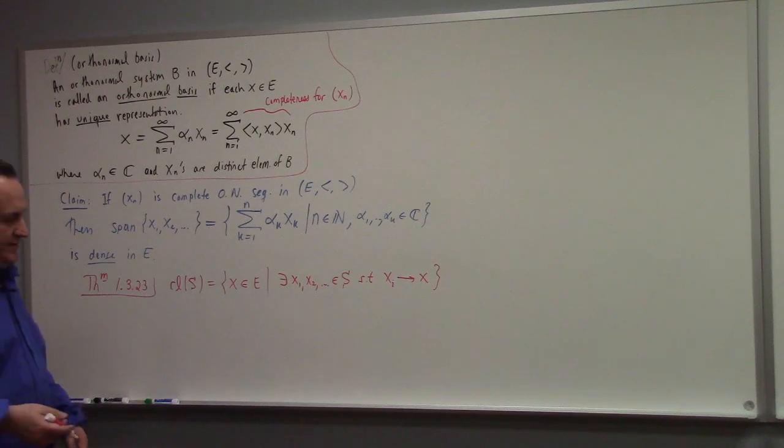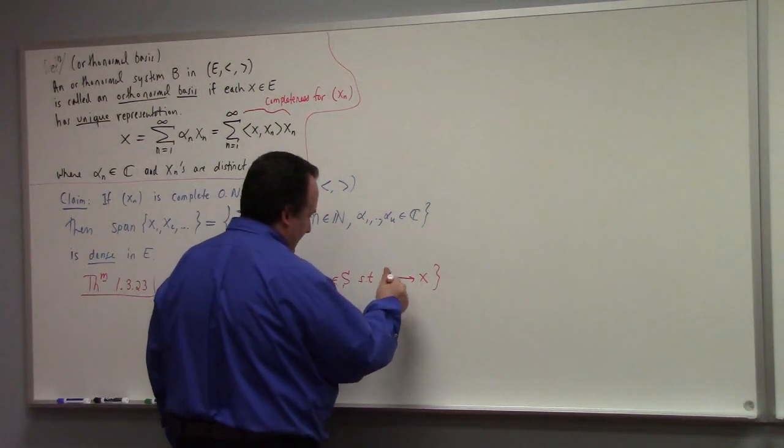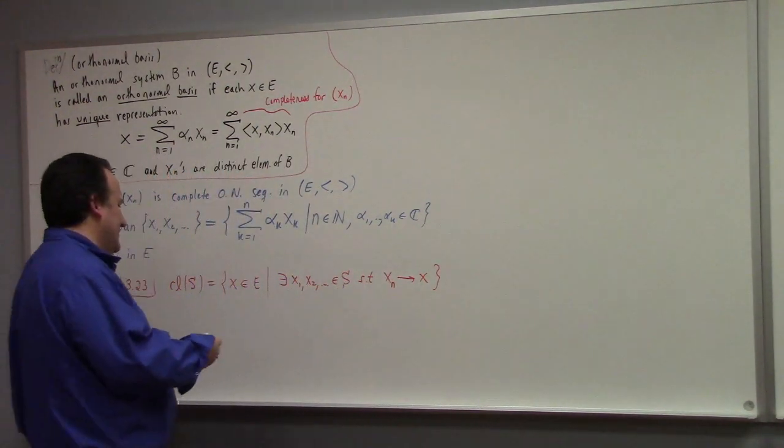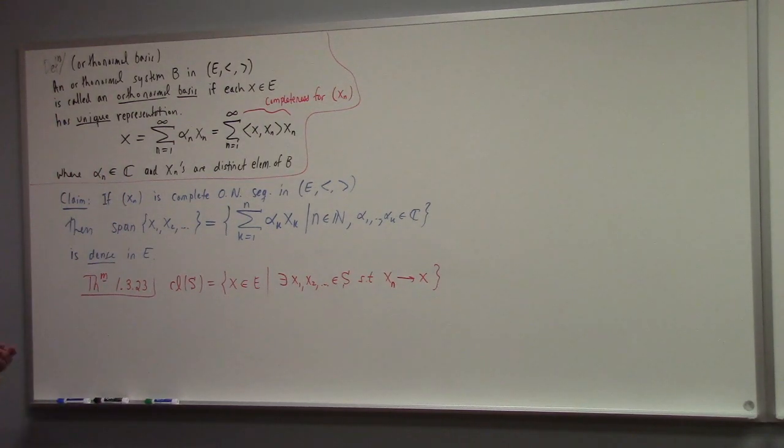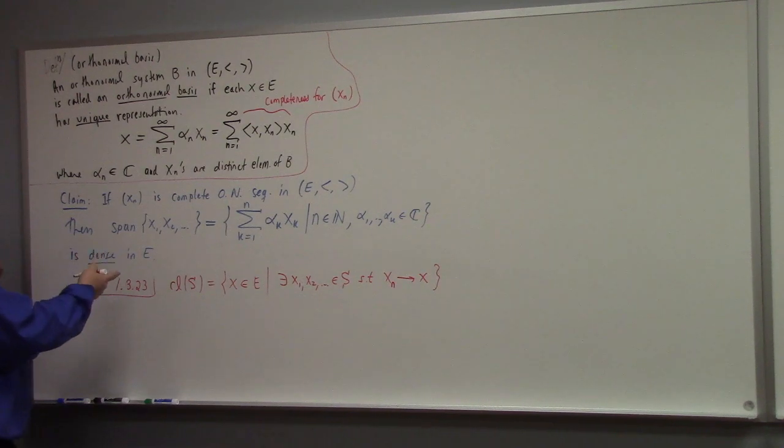Anyway, the sequence. So it is literally all limit points of convergent sequences of S. This is the closure, right? So why would the closure of this span be all of E?